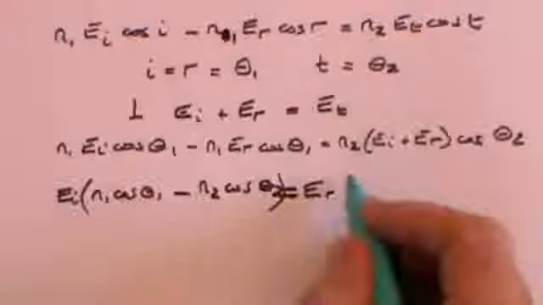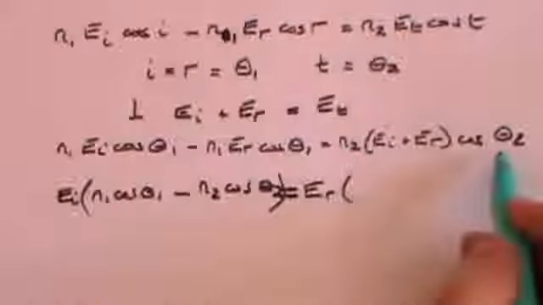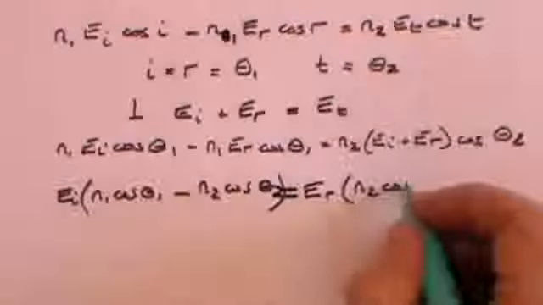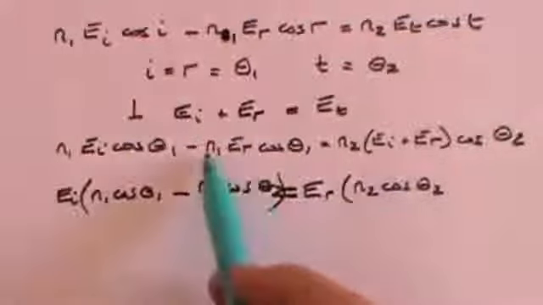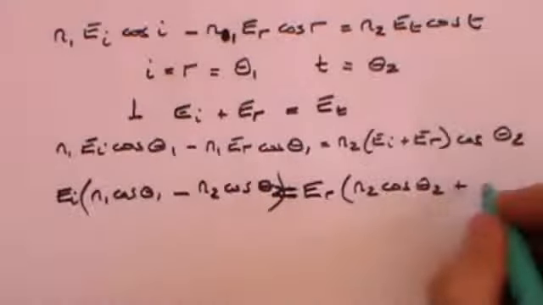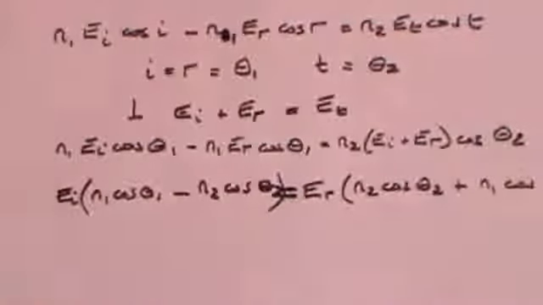And that equals the ER terms. Well, on this side we've got N2 cos theta 2. And on this side we've got a minus N1 cos theta 1, but when you bring that to the other side it becomes a plus N1 cos theta 1.